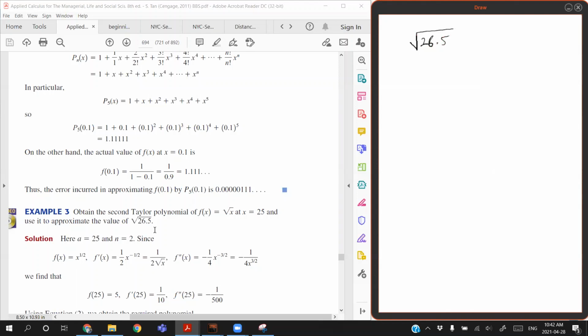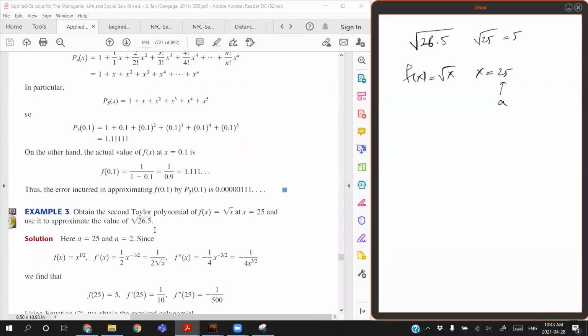What we know is that the closest perfect square to this number is 25, and root 25 is 5. So that we know. And in order to have root 25, we need to use the function f of x equals root x, and x needs to be 25, because if x is 25, then this is actually the a.